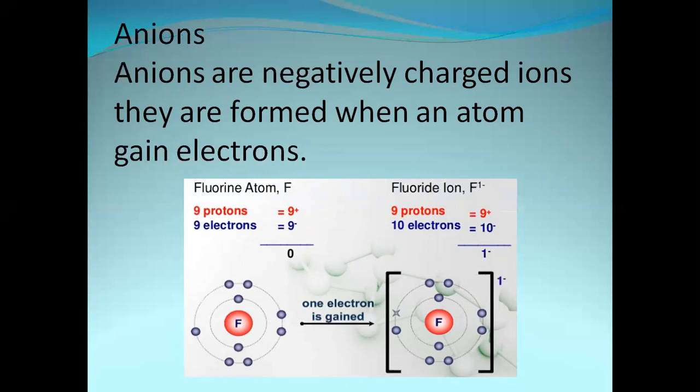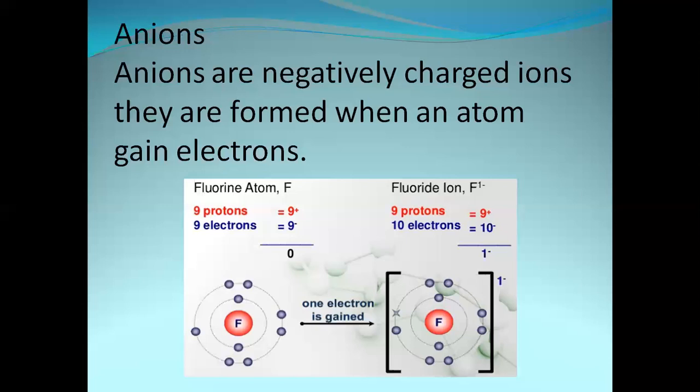Whenever in a chemical reaction this fluorine atom accepts an electron, the number of negative charges increases, that is 10. As a result, the type of anion formed, that is the fluoride ion, will have a negative one charge, 1 minus. I hope that it's all clear to you.